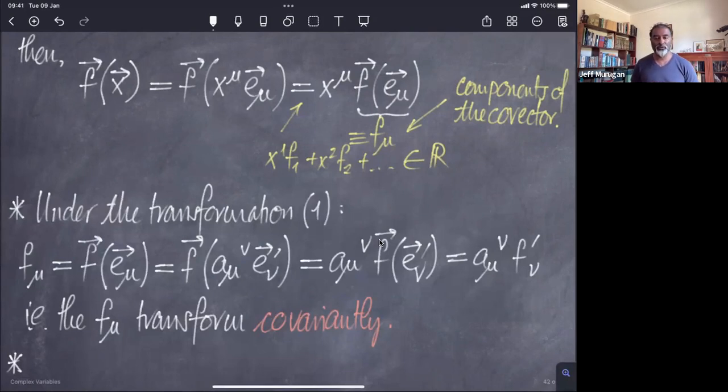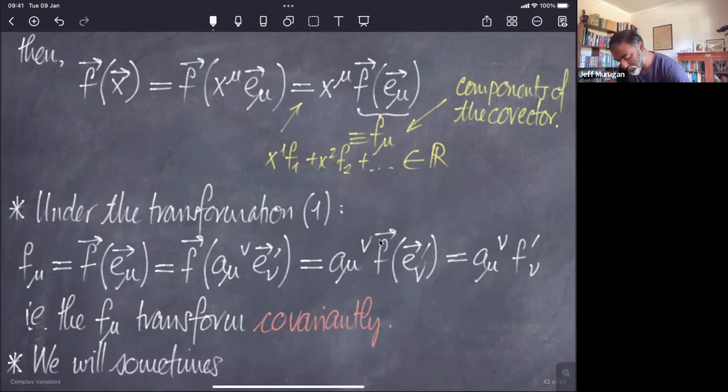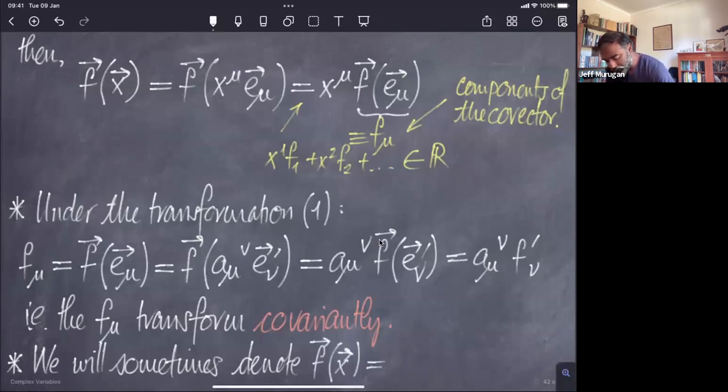Another way of thinking of the action of F on X, where F lives in the covector space and X lives in the vector space, is to write it as a pairing. So we will sometimes denote F of X as being identical to F paired with X in this way.